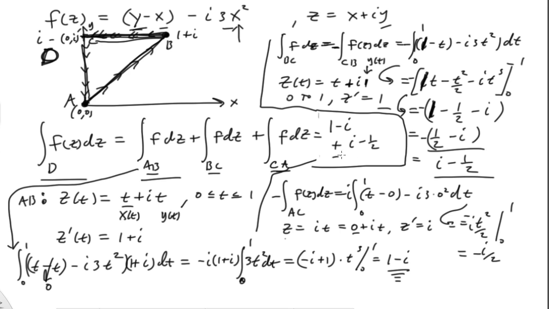And then finally a minus I over 2. And that in toto is equal to 1 minus I over 2. Okay, so that's our result from doing our integration through all those pieces, and hopefully that gives you a good grounding on how to compute contour integrals in a plane.